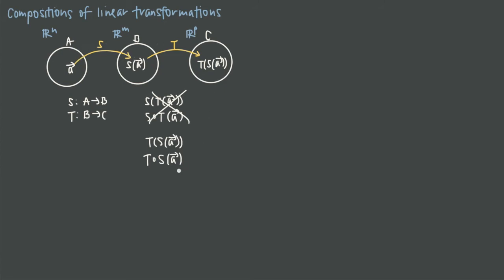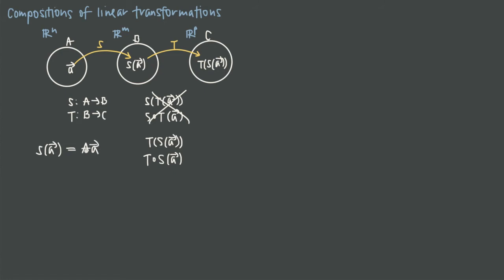And so when we have a composition of linear transformations, it's important to realize that the composition is closed under addition and closed under scalar multiplication, and that because S and T are both linear transformations, we can write them as matrix vector products. So if we, for instance, say that the transformation S of a vector a, we'll write that as the matrix vector product A times the vector a.